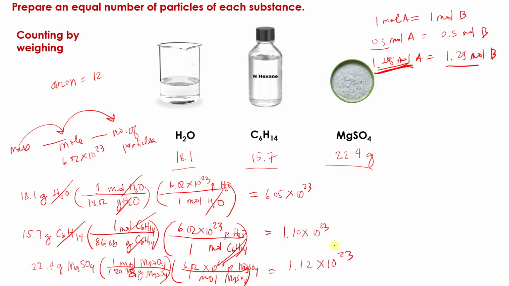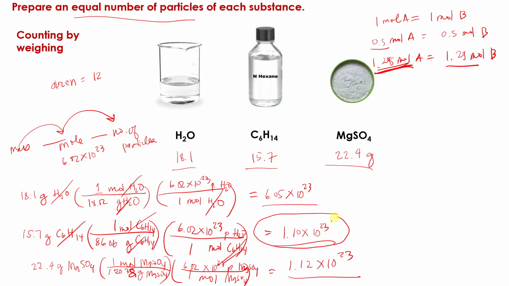So again here, we're going to prepare an equal number of particles. In this case, we should determine which contains the lowest number of particles, because that would limit the number of particles, since we want an equal number of particles for each of the substances. So we have 6.05, 1.10, 1.12. So this one contains the lowest number of particles, and this should be the basis for the preparation.